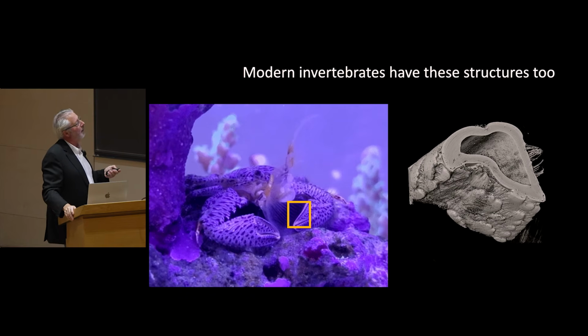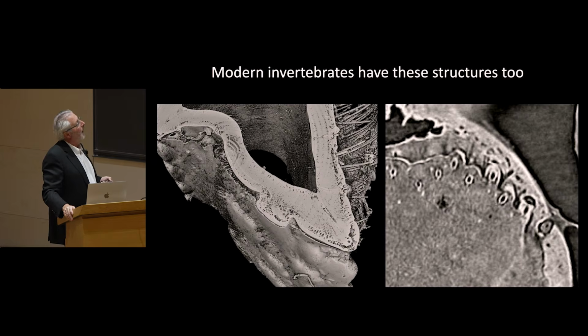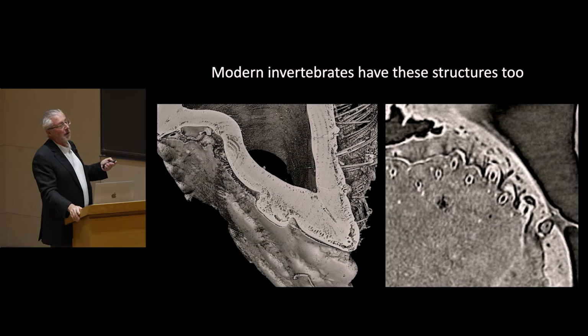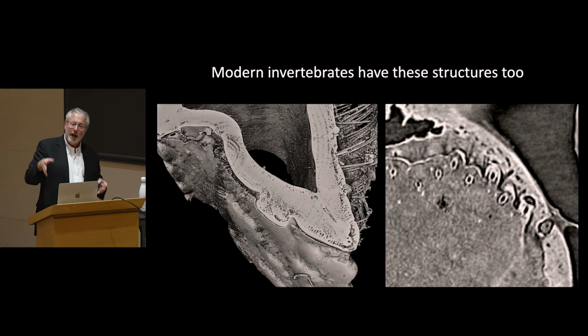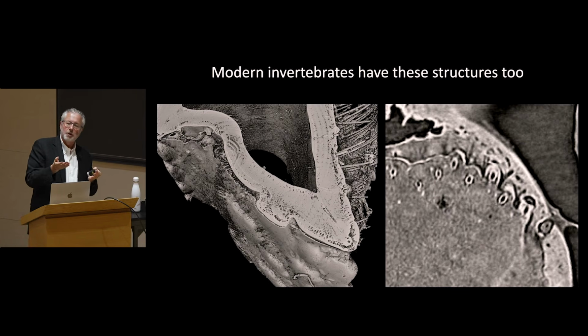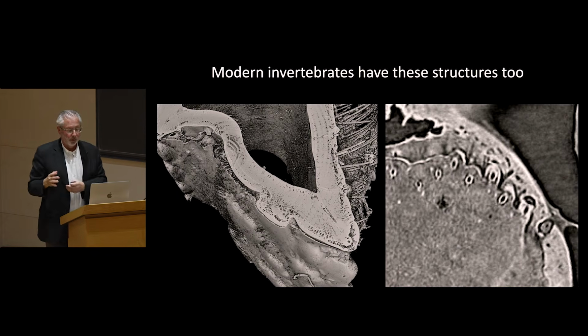Here's a crab. Yara scanned a crab claw. Here's what it looks like in micro-CT. And they have tubules as well. And they have these knobs as well. So tubules are a factor in the exoskeleton of creatures, whether they're invertebrates without bone or vertebrates with bone.